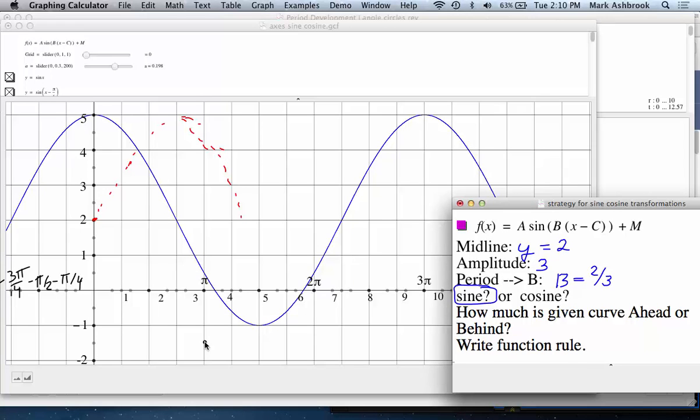is our blue curve ahead or behind the standard sine curve? Brian? It's ahead. Okay, by how much? How much is our blue curve ahead of standard sine?